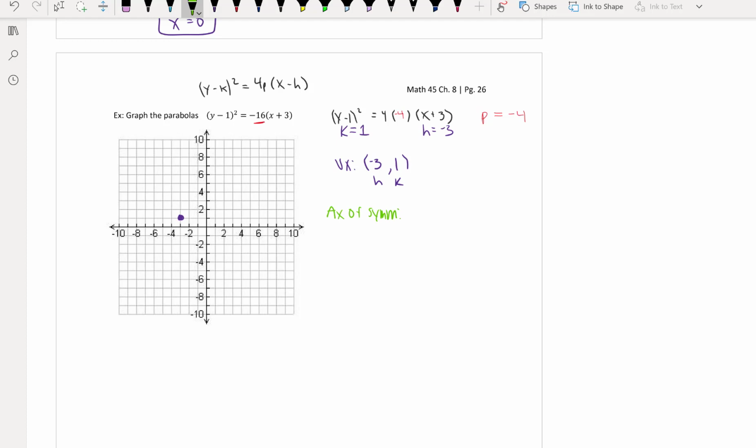Well, I know that my axis of symmetry is going to be y is equal to k. So here, y is equal to that k value, so y is equal to 1. So there is my axis of symmetry.